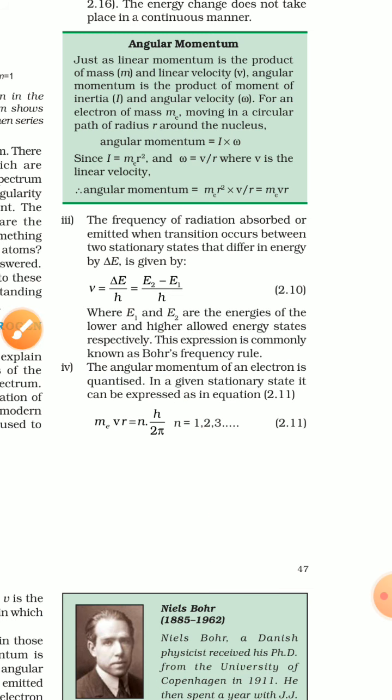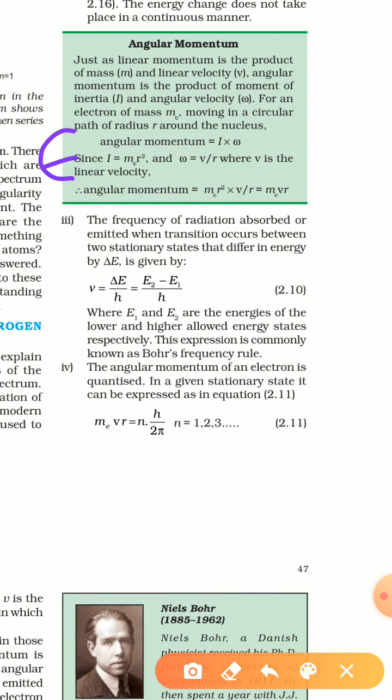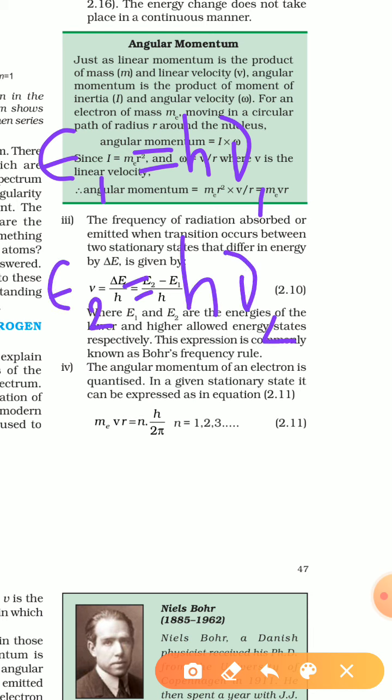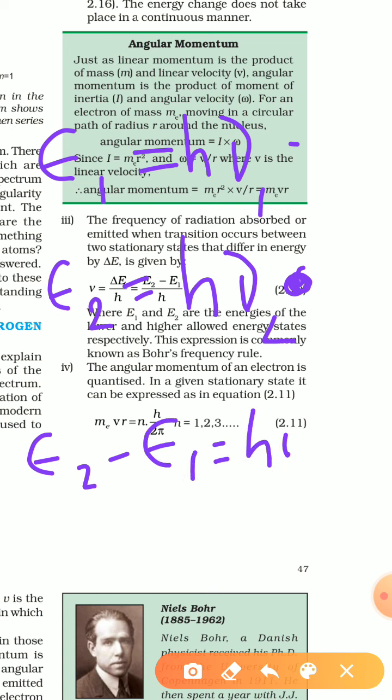So Bohr derived one formula from here. If I have an energy state E1 with nu1 as frequency and E2 with nu2 as frequency, and this is the higher state and this is the lower state, then E2 minus E1 equals h nu2 minus h nu1.